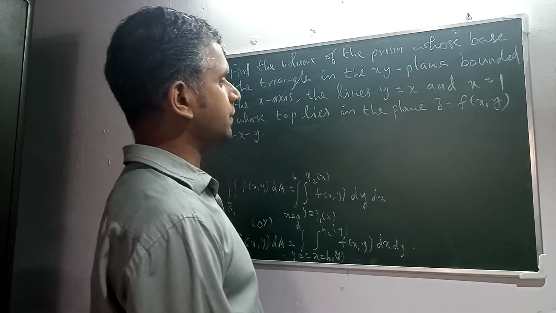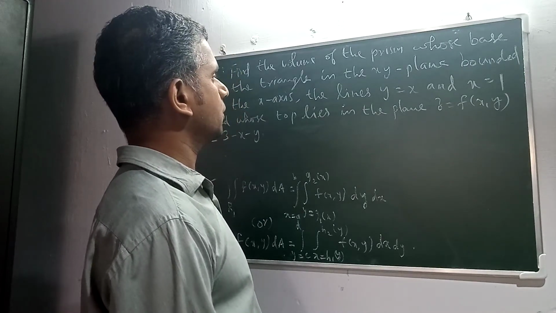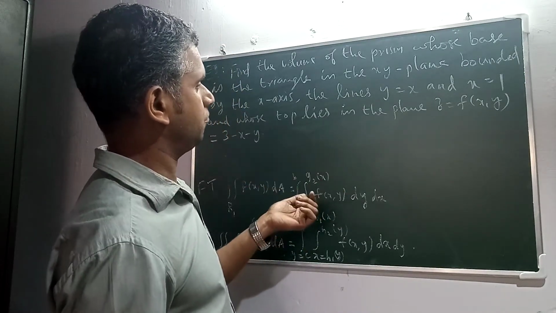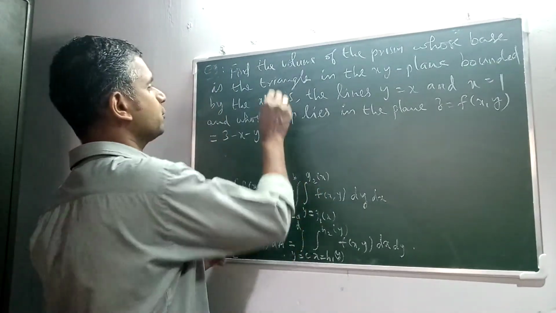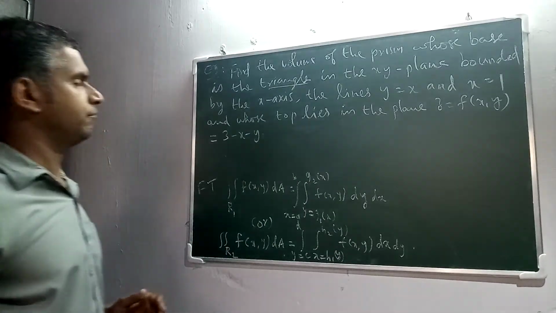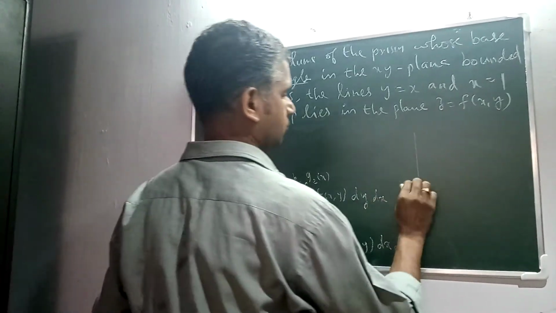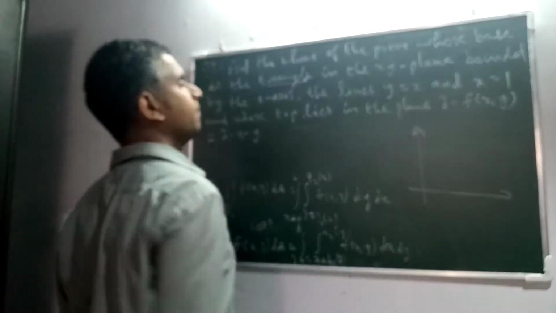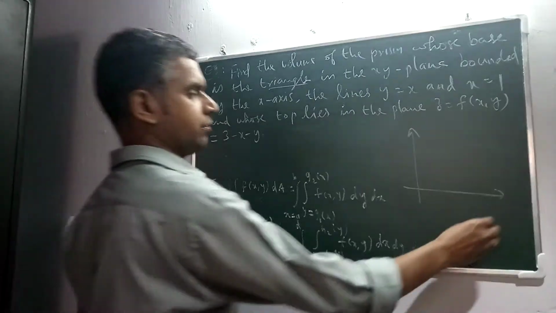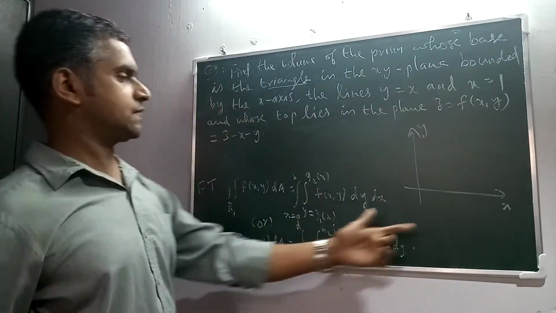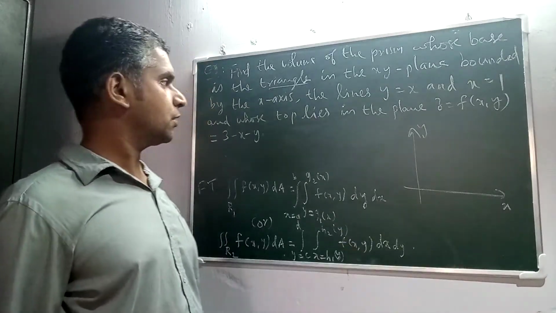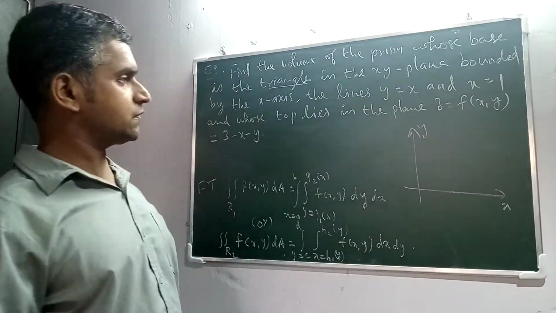So how do you do this? So first let us plot the region R. So it's given to be a triangle. What is the triangle? Triangle in the xy plane bounded by the x-axis. This is the x-axis. The lines y is equal to x and x equal to 1.